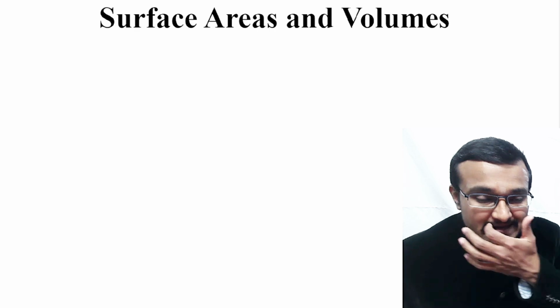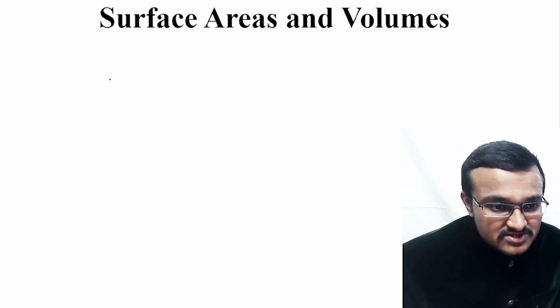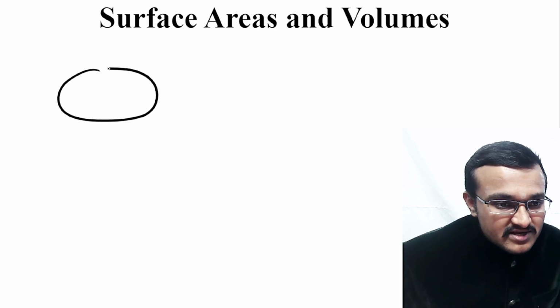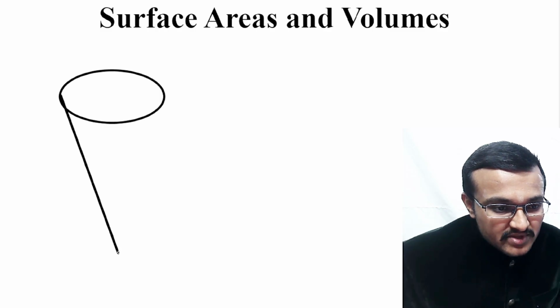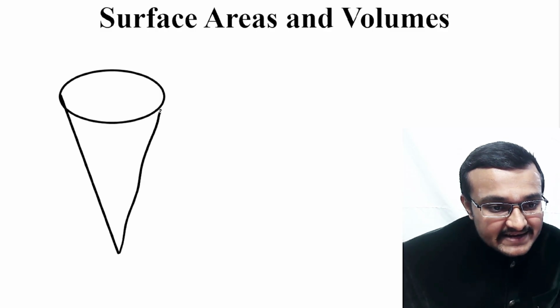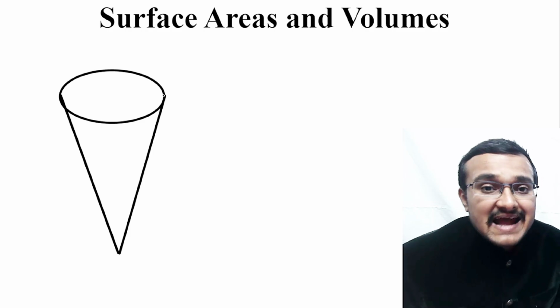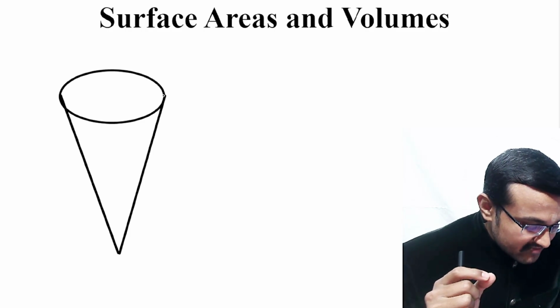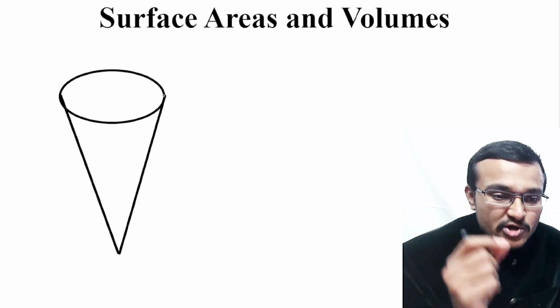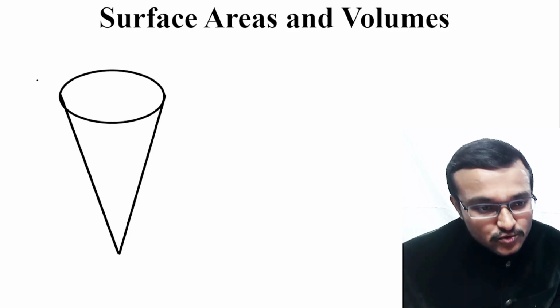Let me clarify one more concept. In a cone, there is a height and there is a slant length of this particular cone. What do we mean by slant height and by height of the cone?